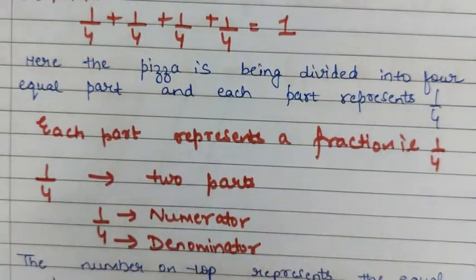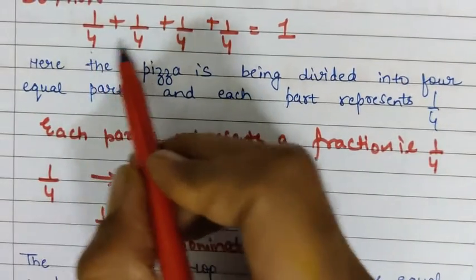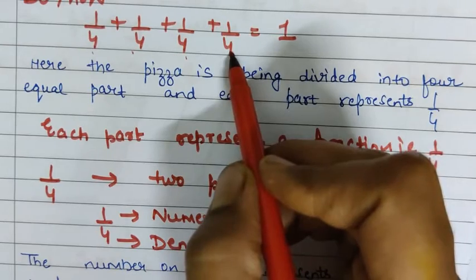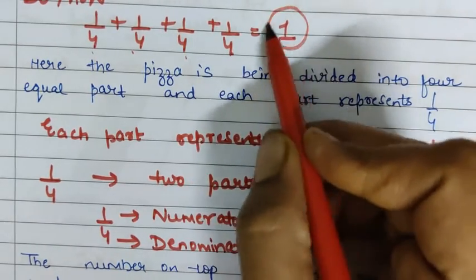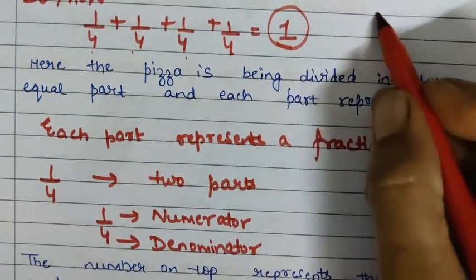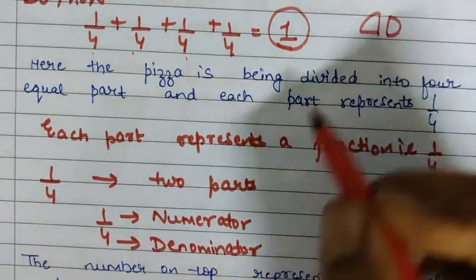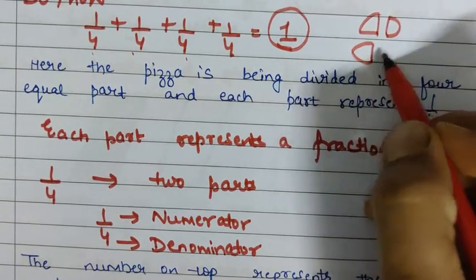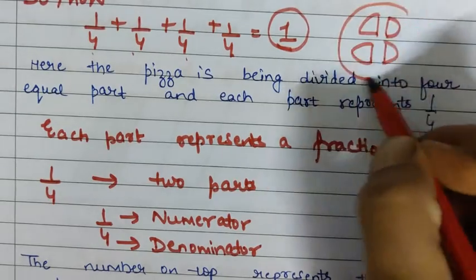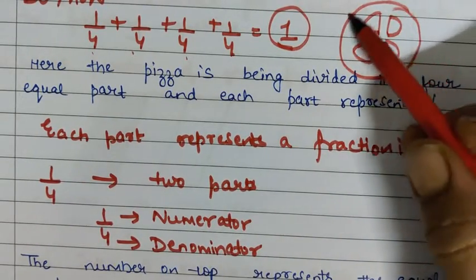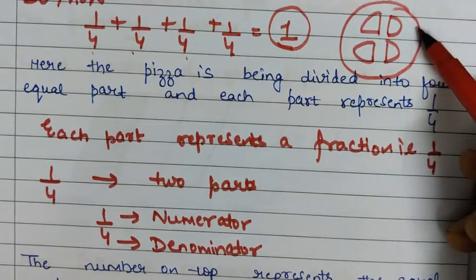Again 1/4, 1/4, 1/4 and other 1/4 again gives you 1. This is 1/4 part. This is 1/4 part. These are 4 parts of pizza. If you join them, you will again get the whole pizza.